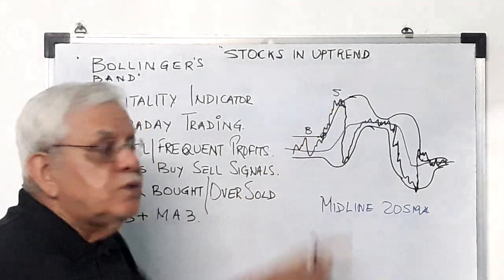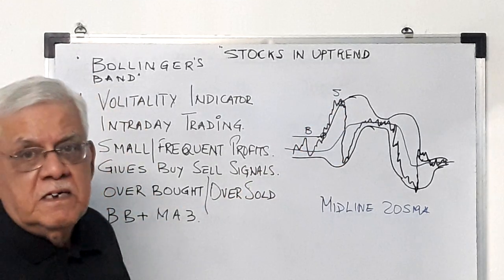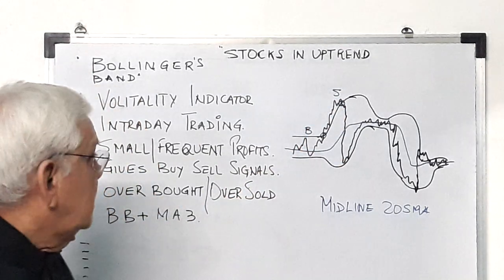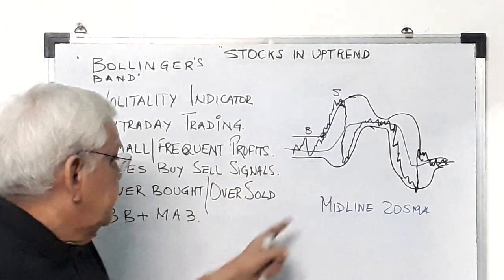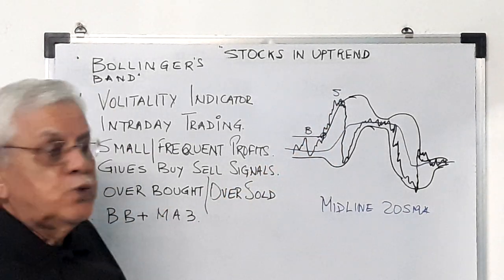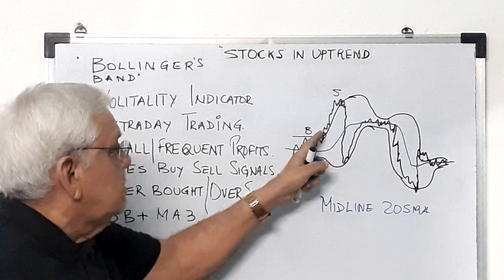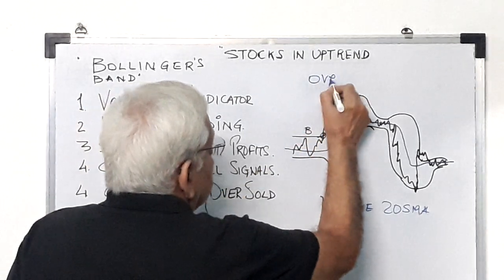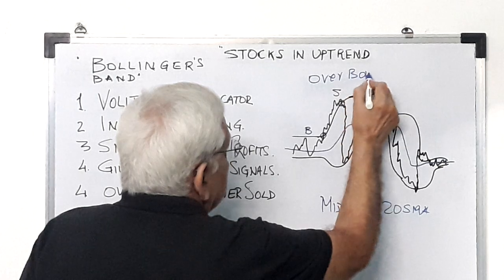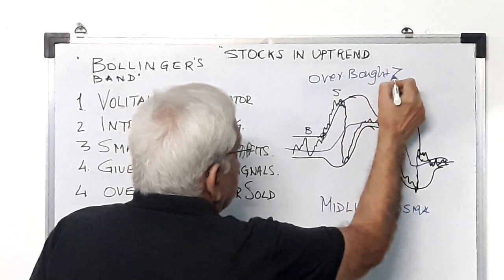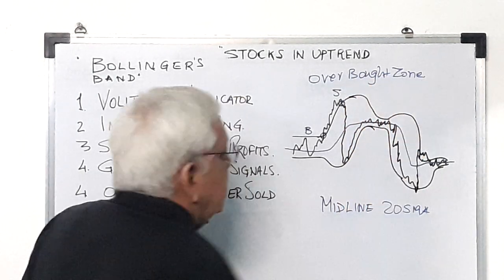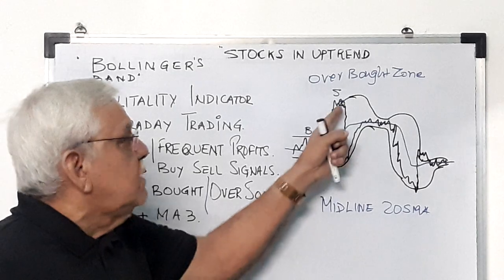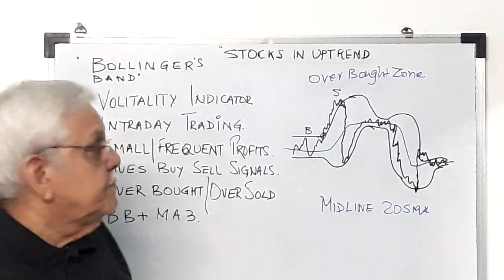This particular zone outside the balloon, up, is known as the overbought zone. I will write it here. In the overbought zone you can do buy and you can do sell.